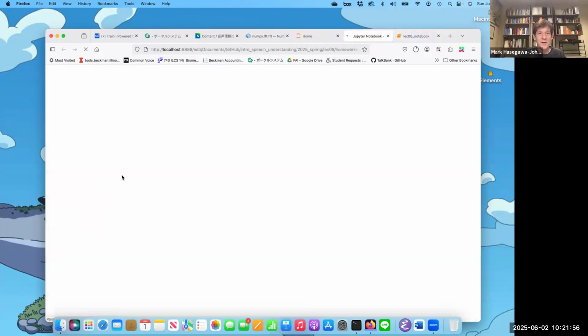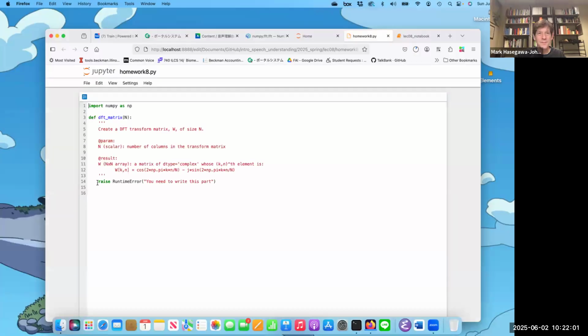Let's go to homework8.py. And here's that runtime error. We don't want that runtime error. We want instead to create a W matrix, which will be, let's say, zeros of size n, comma n, and it needs to be a data type complex.